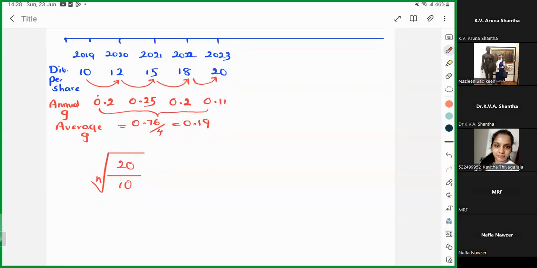One is 19 to 20, second one 20 to 21, third one 21 to 22, fourth one 22 to 23. So how many periods? 4. Fourth root of 20 divided by 10.